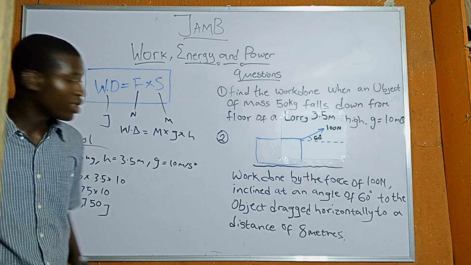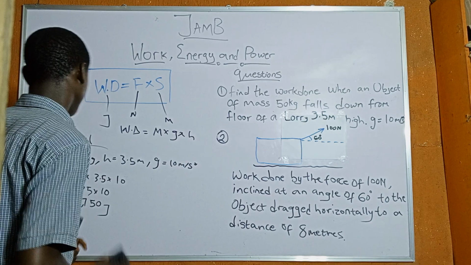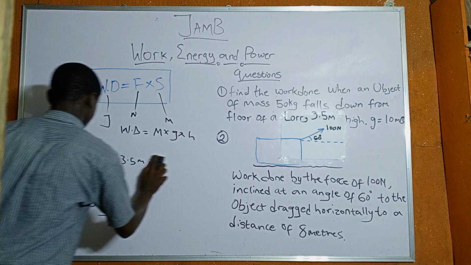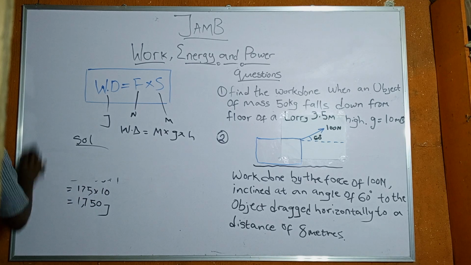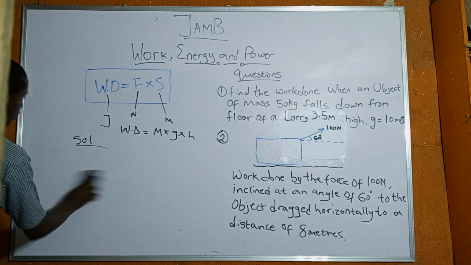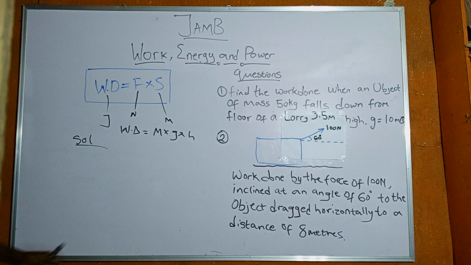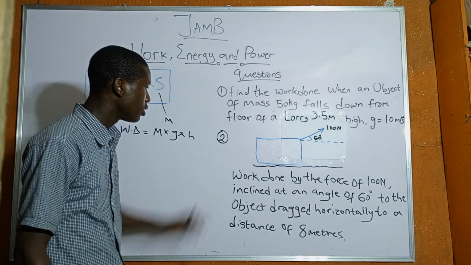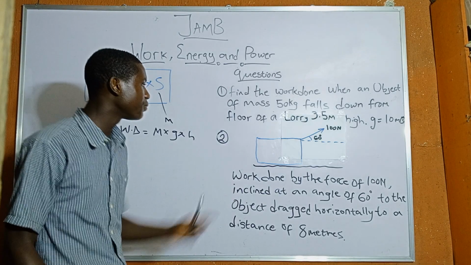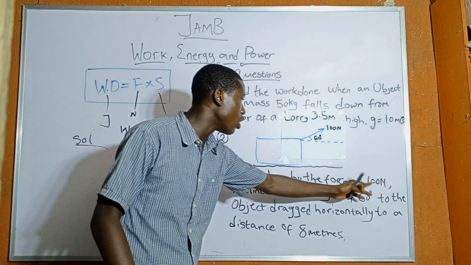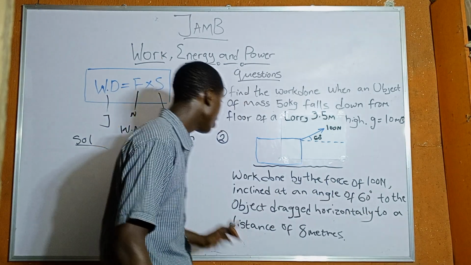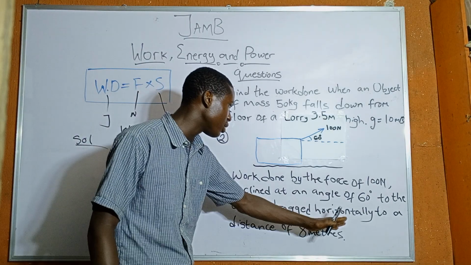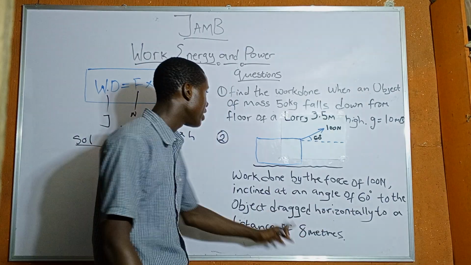Second question, which you will most likely get in JAMB, we have work done by a force of 100 newtons inclined at an angle of 60 degrees to the object dragged horizontally to a distance of 8 meters.